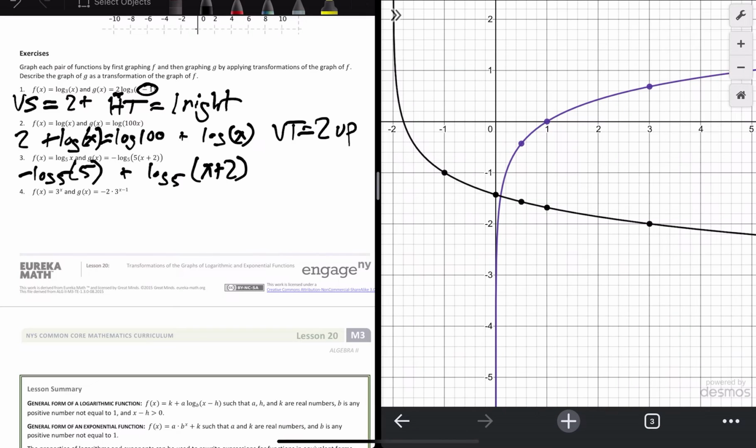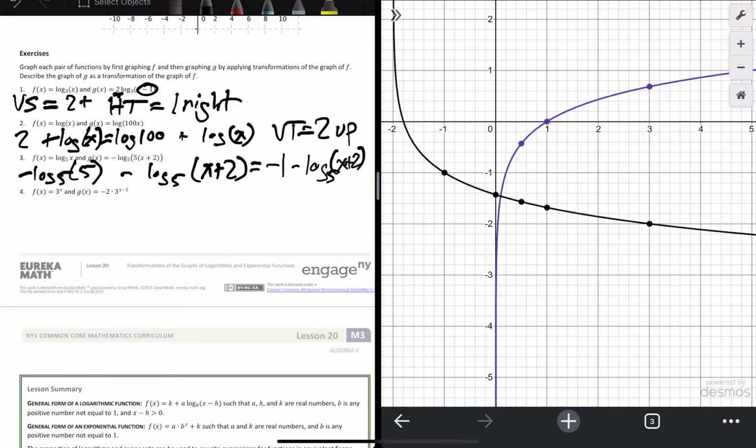And this right here would also be a negative when we separate it. Both of those are going to be negative. Okay, so that's going to be also equal to -1. What to the 5th power is 5? So that's still going to be a -1 minus log of x plus 2, log base 5.